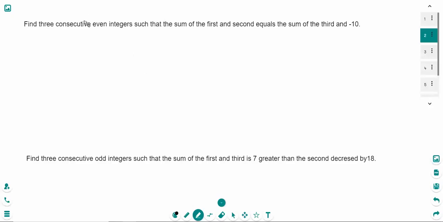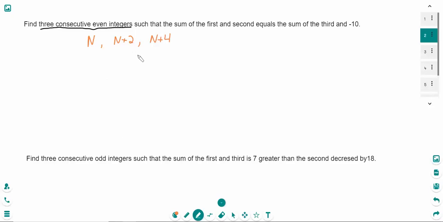So first off, we're looking for 3 consecutive even integers. So right away, we need to start thinking about the setup. So we're going to have an n for our first integer, and then it's a consecutive even integer. So the next one's going to be n plus 2, right? And then the third one's going to be n plus 4. All right, so there, those are our 3 integers. We just don't know what n is yet.